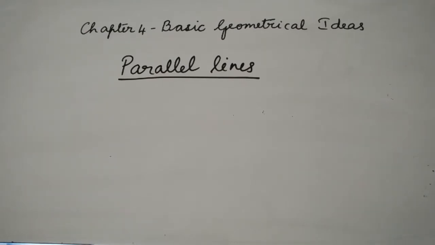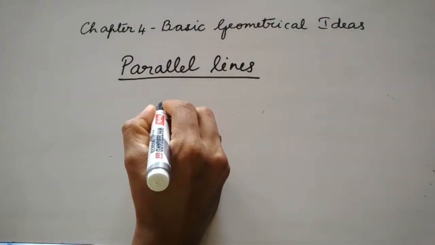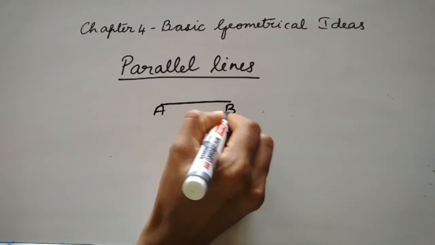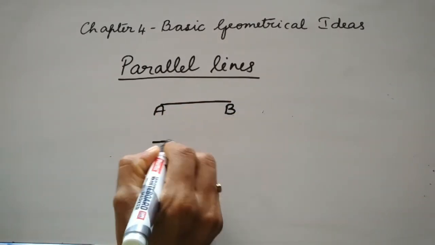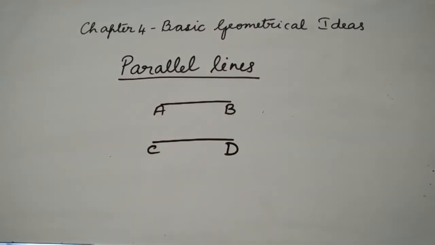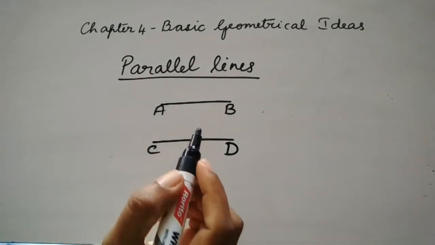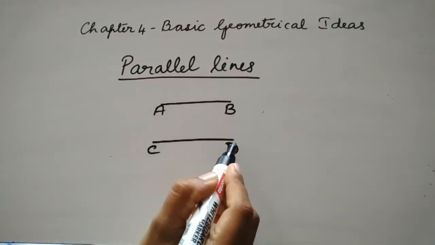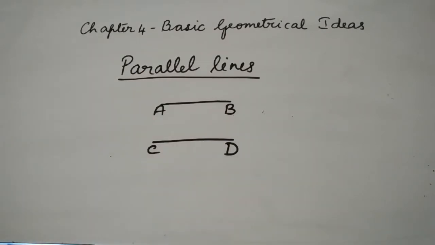Now what are these parallel lines? Suppose we have two line segments AB and another line segment CD. Here both the line segments do not meet. Intersecting lines have a common point and they meet at a point.